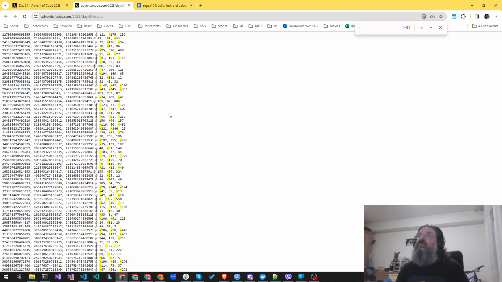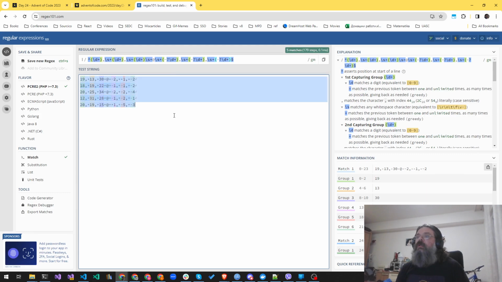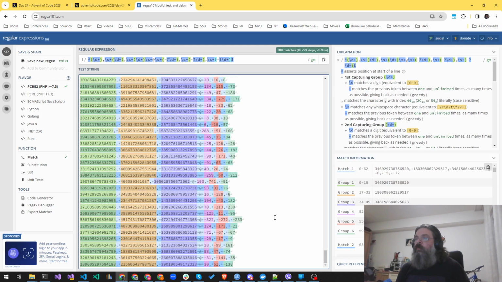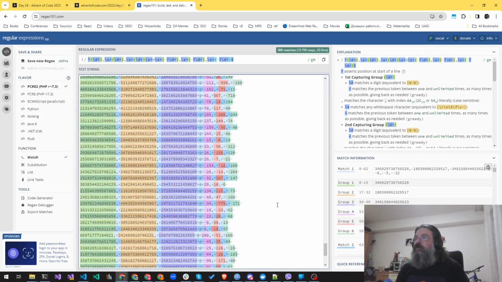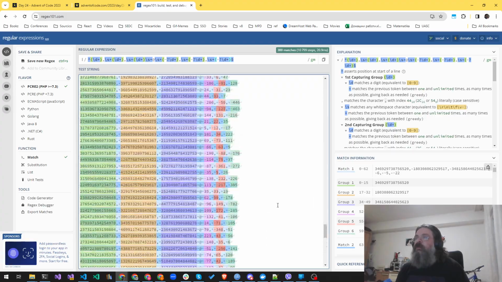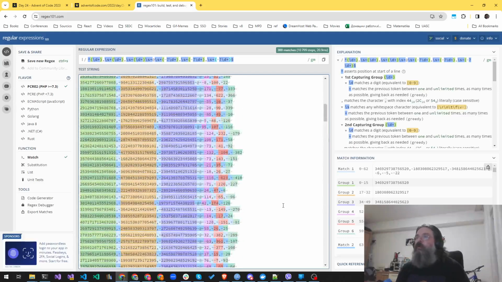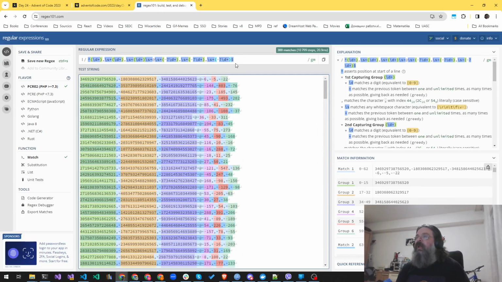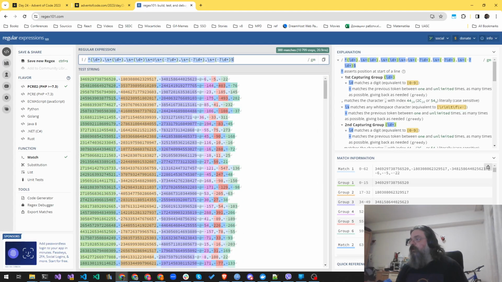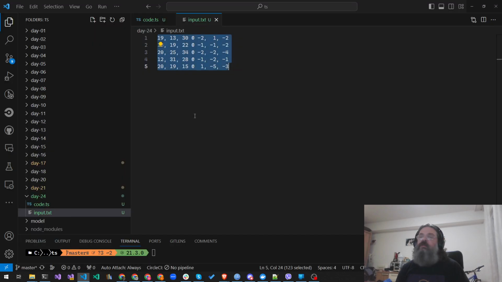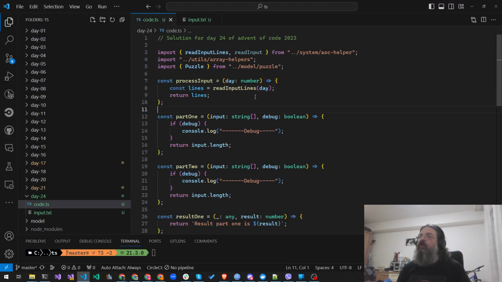Let's look at the big input. Are we parsing all of these? Yeah, we are. That's great. So this is a relatively convoluted regex, even though it's actually straightforward.